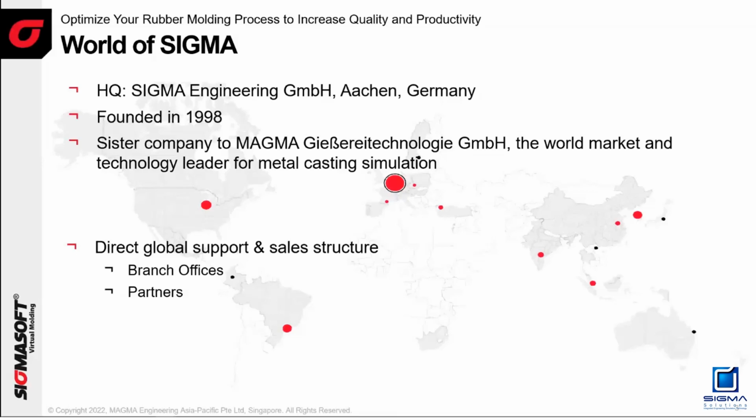Apart from our headquarters in Germany, we have branches all over the world. Singapore acts as the regional headquarters for the Asia Pacific region, and we have branches in China, India, Korea, etc. We also work with partners all over the world. For Thailand, Sigma Solution is our partner, who is doing a very good job there.